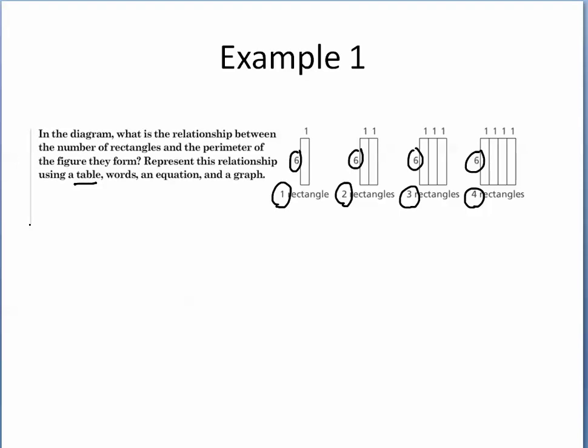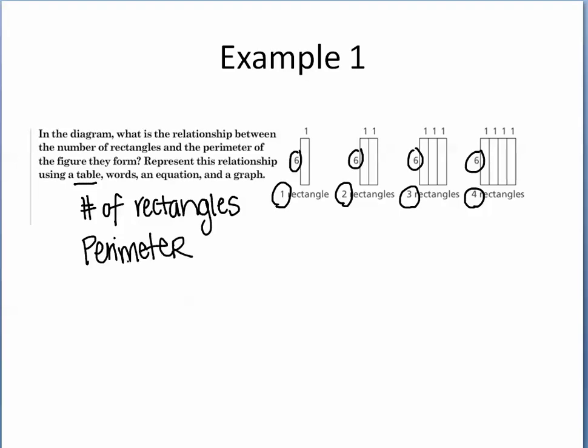So think about what is independent and dependent here. Well, we have number of rectangles is one thing that we're looking at, and the other thing is the perimeter. So the number of rectangles is really changing what the perimeter is doing. So I'm going to let X be the number of rectangles. That's our independent variable. And Y is our perimeter.